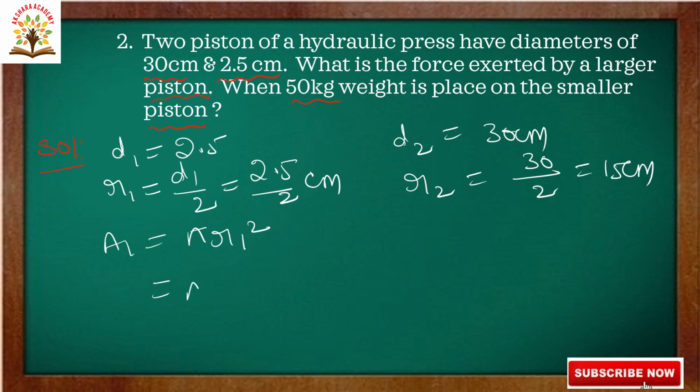Substituting R value, pi into 2.5 into 10 to the power of minus 1 whole square by 4.